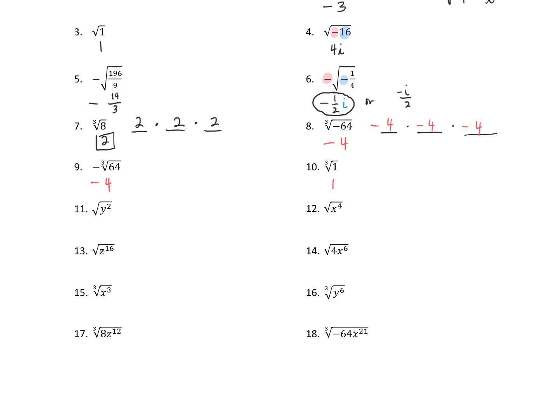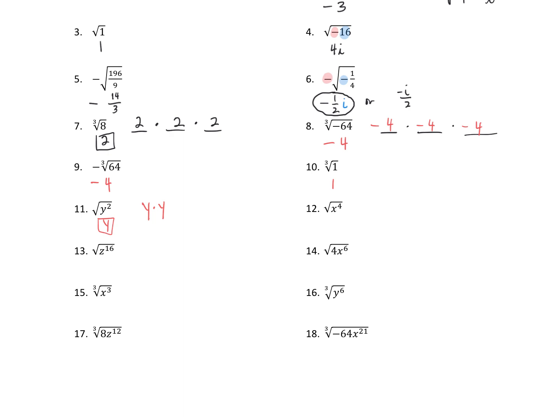Number 11, we're looking at variables here. So in order to bring that out, remember that we want to figure out what multiplies by itself to get the y squared. The only way to get a y squared is to do y times y. So the answer to this would be y.